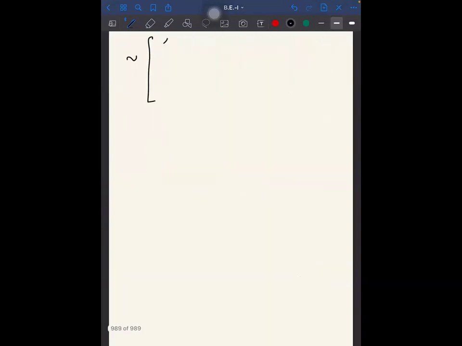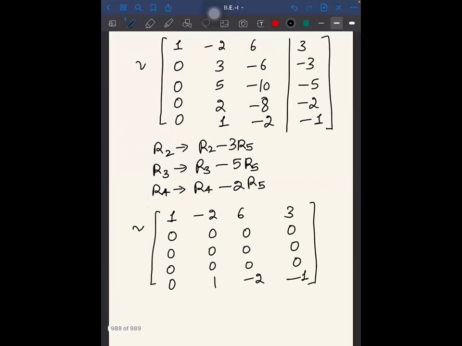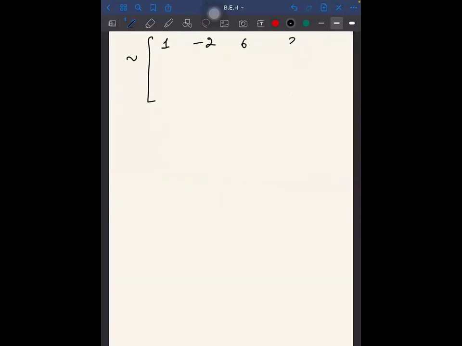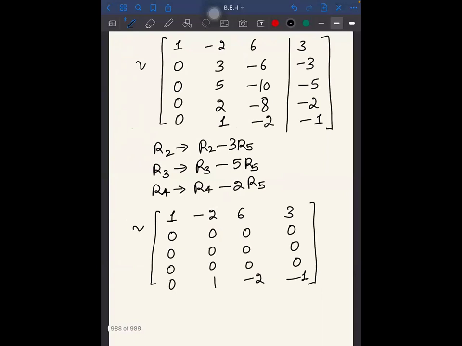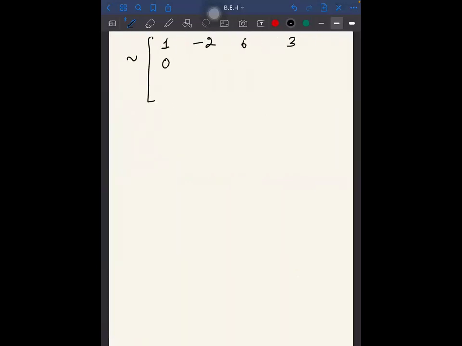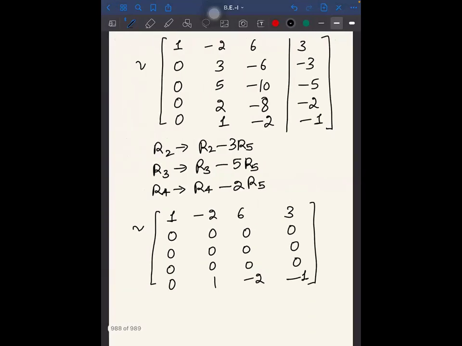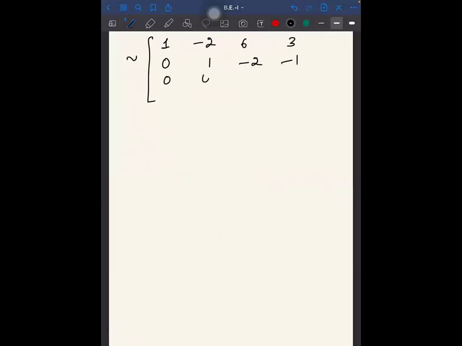So we'll have 1, minus 2, 6, 3, and then you will have 0, 1, minus 2, and minus 1. And rest of the things are 0. And now you can make it slightly better.